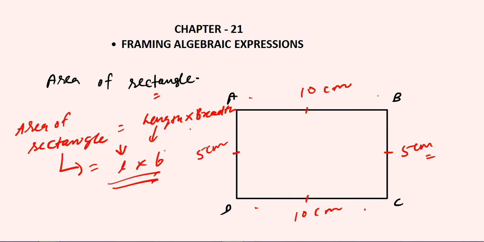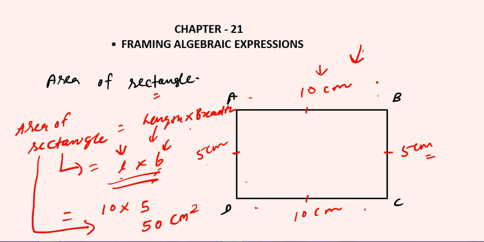Here we have L and B as length and breadth. These two are variables because they are changing as per the question. Suppose we want to find the area of this particular rectangle. So length into breadth: this 10 will be length, and breadth will be 5. So 10 into 5, 50 centimeter square will be the required area of the rectangle.